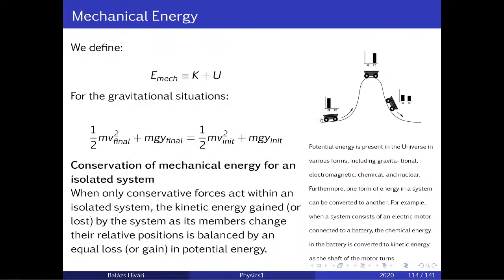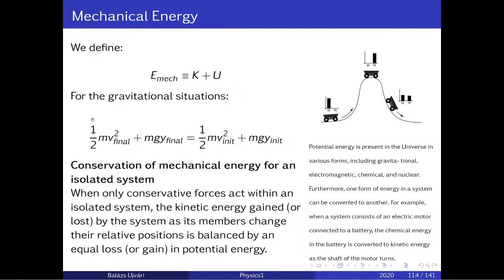Down here we have kinetic energy, up here we have potential energy, and moving along this slope, somewhere in the middle, we can have both kinetic and potential energy. But the sum of these energies has to be conserved as long as it's a closed system. If there are external forces, of course they can increase the sum of the potential and kinetic energy.